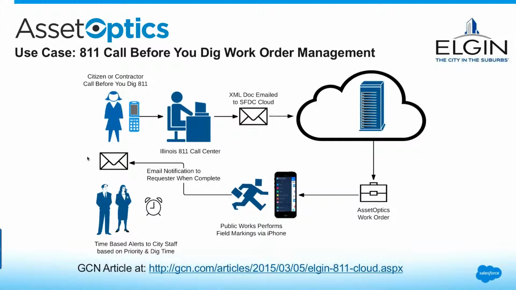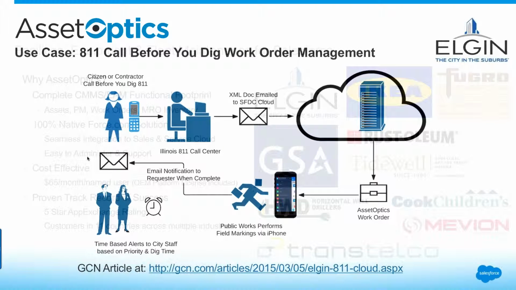And essentially how that process works is a citizen or a contractor calls the Illinois 811 call center. They also have the ability to enter requests directly from a web app that the Illinois call center provides.